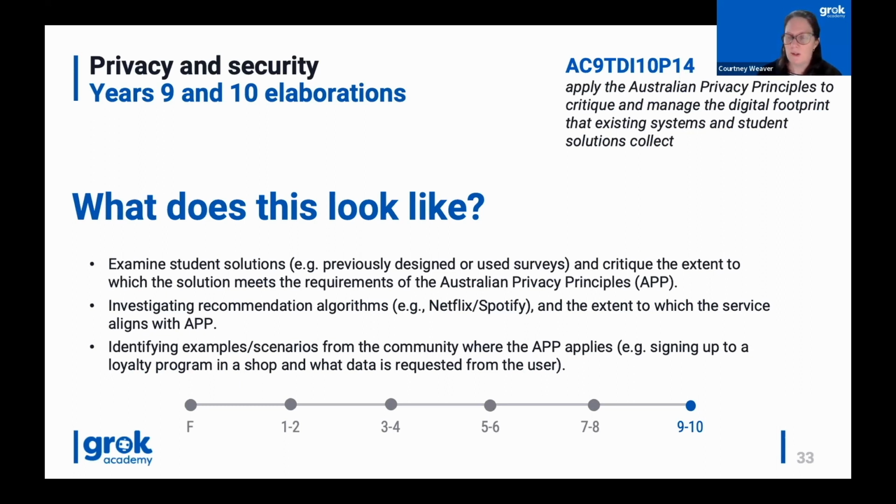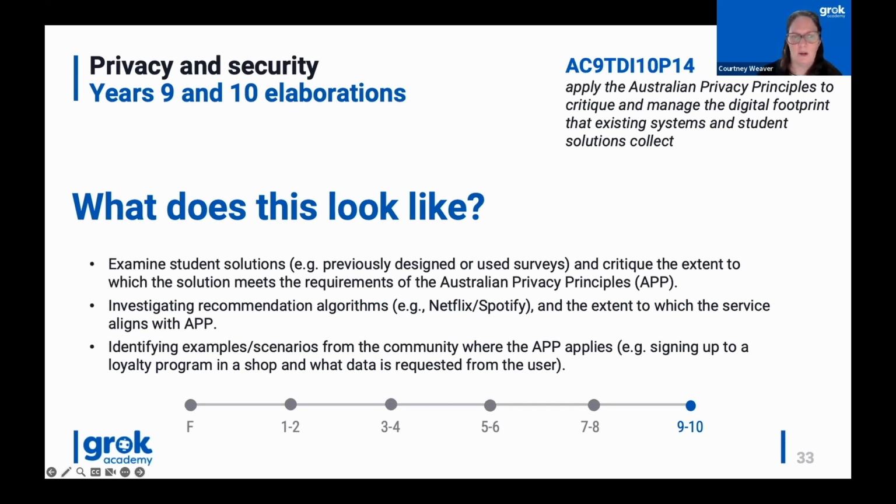How do those services, and some of those are based internationally, so it's an interesting thing to look at, align or not align to the Australian privacy principles, and how comfortable do students feel with the differences between what the Australian privacy principles expect and what these organisations are collecting about them.